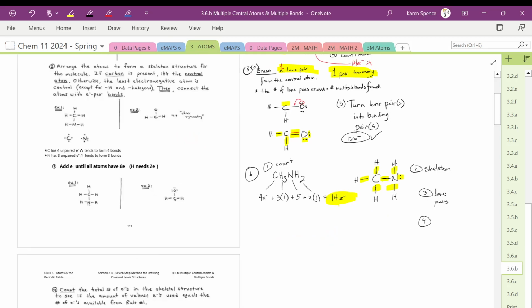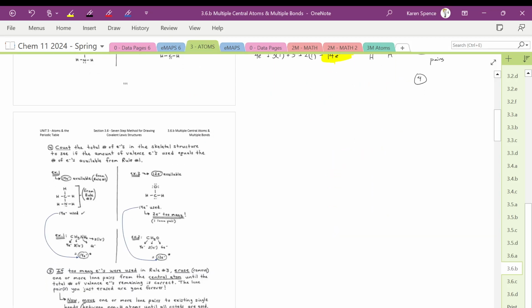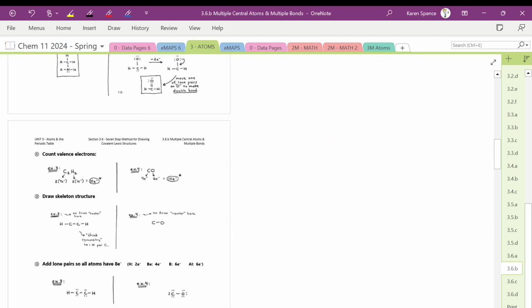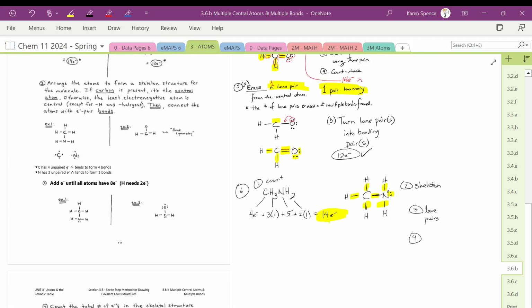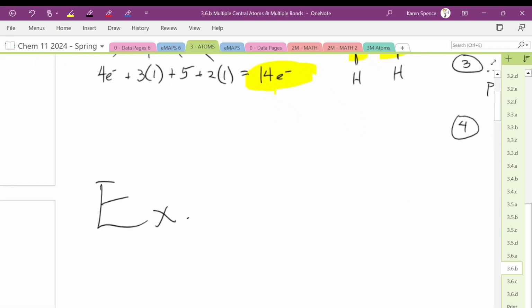Okay. Let's see if I have one more double bondy kind of one here. Yeah, okay. C2H2. Count.